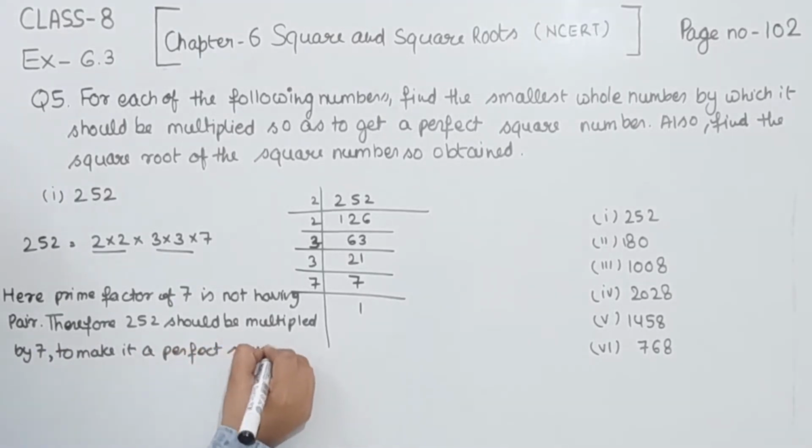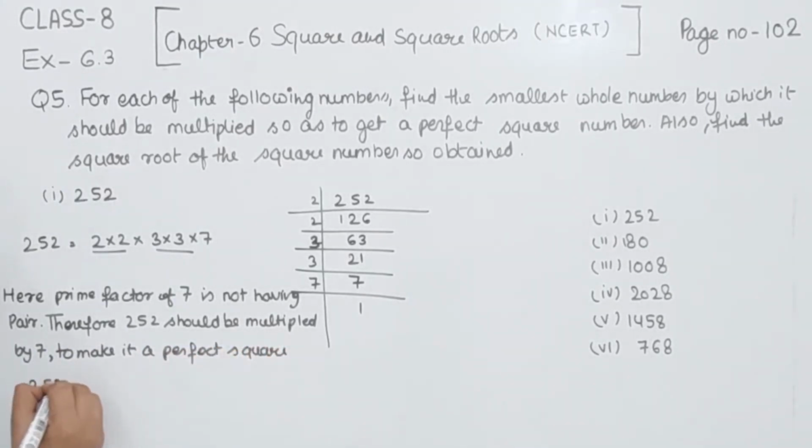So we are going to multiply 252 by 7. So we will get the number as 1764. Now we will have the factors as 2, 3 and the pair of 7.